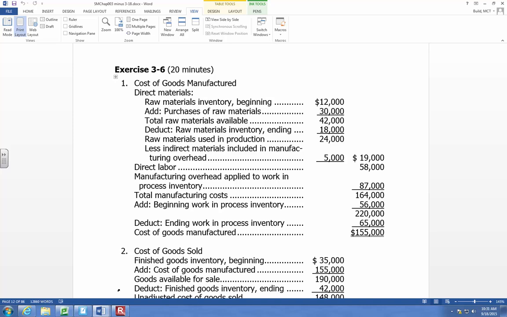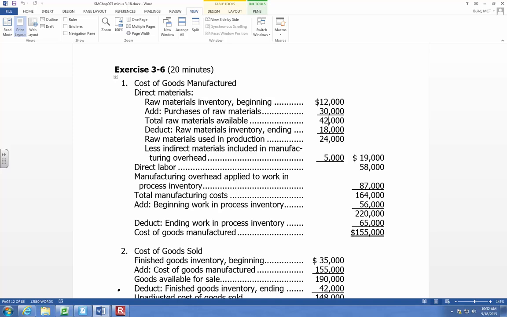Add beginning work in process, subtract ending work in process, and that's that. 155,000. It really isn't a crazy model you have to memorize. You know this. Actual direct materials plus actual direct labor plus applied overhead, plus beginning WIP, minus ending WIP. The only tricky thing is you've got to pull out your indirect materials.